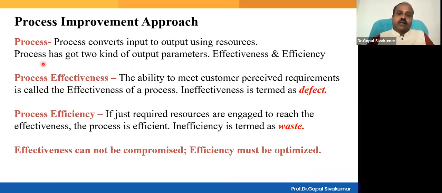Some companies straight away call it rejection percentage, because rejection percentage is nothing but 1 minus your yield. If your yield is 90%, rejection is 10%. So ultimately, all of them give the same interpretation. Sigma level, yield, rejection, PPM, DPMO, CP and CPK, all are interconnected. If you understand the relationship, you can use any metric, right?